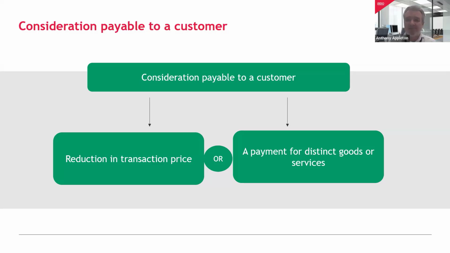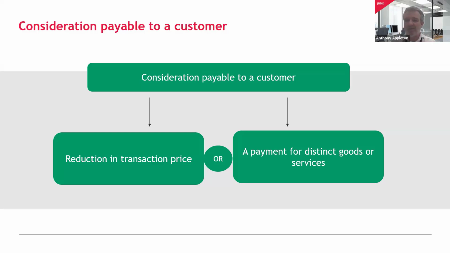And that really is a matter of fact. So for it to be a distinct good or service, you must be able to identify them. You must be able to see that that customer is actually delivering something to you, something different, unrelated to the thing that you are delivering to them. Only then would you consider it an expense. But generally, it's going to lead to some form of reduction in the transaction price.